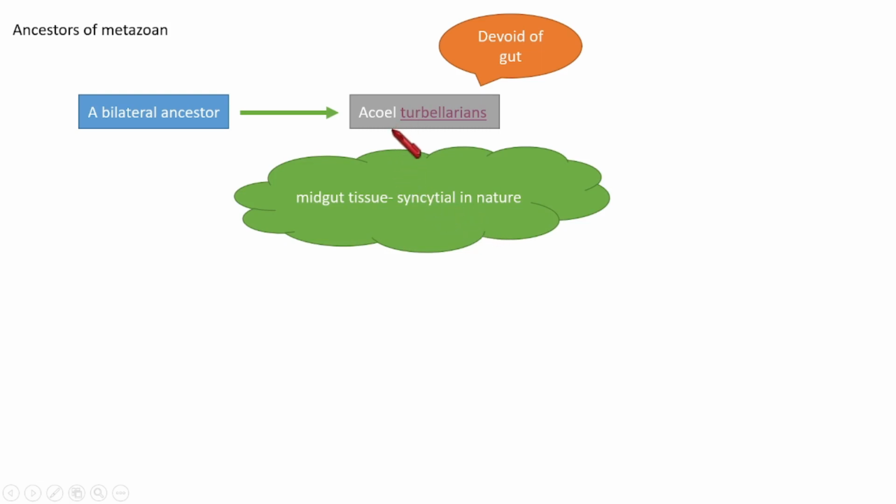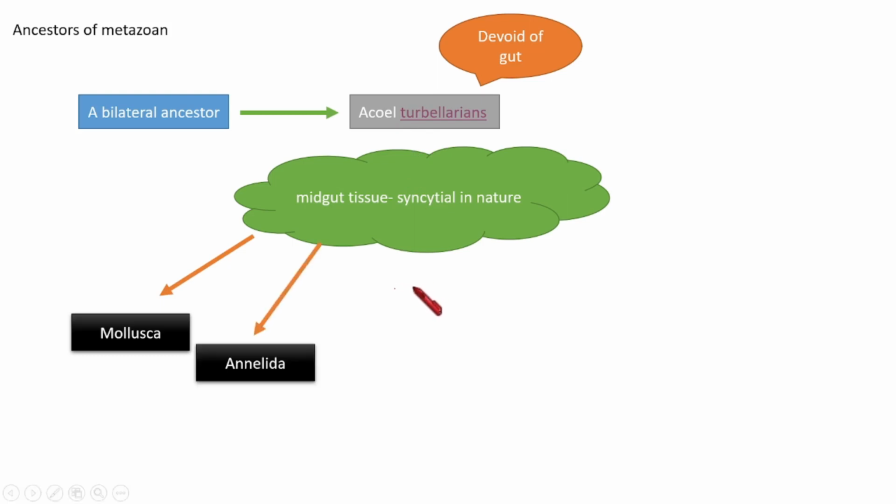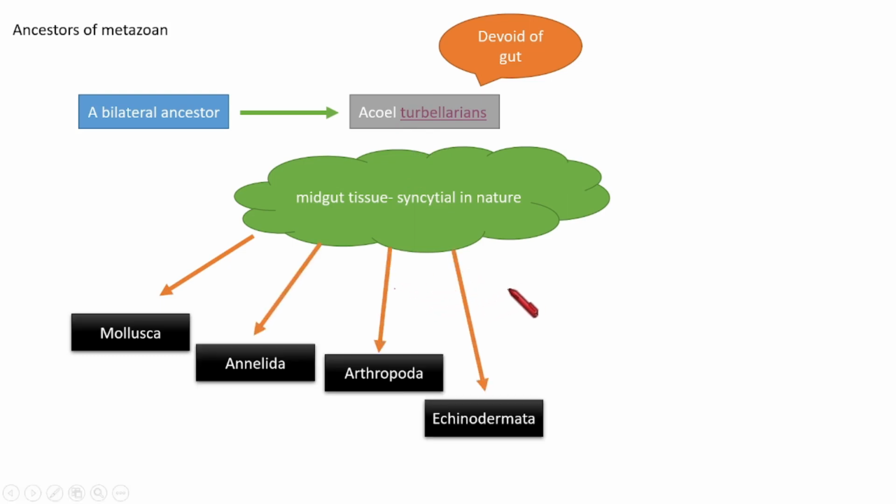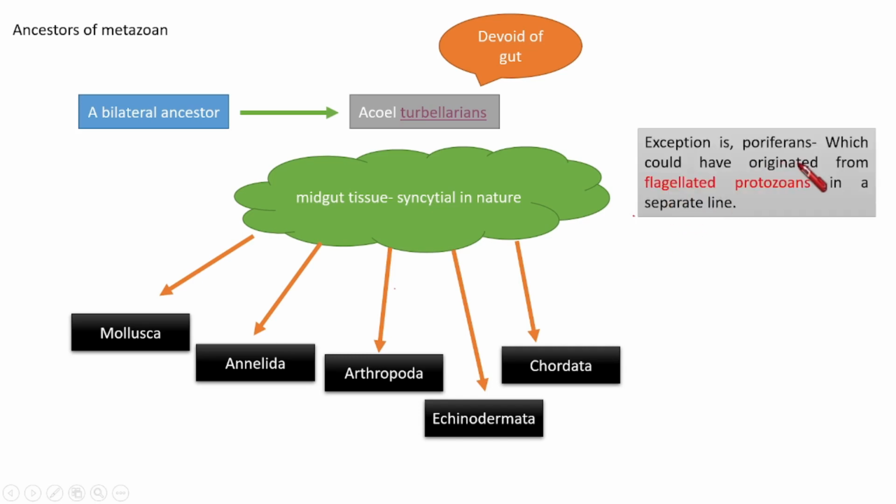These acoel turbellarians didn't have a gut, and their midgut tissue is syncytial in nature, meaning multinucleated condition. From these acoel turbellarians, they propose that all five major phyla, Mollusca, Annelida, Arthropoda, Echinodermata, and Chordata, have emerged. The exception is the poriferans.